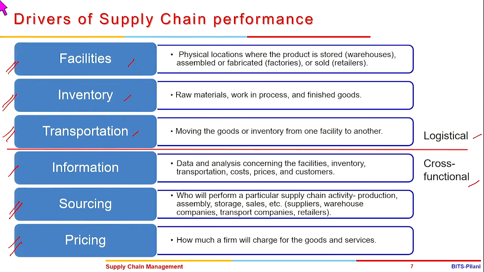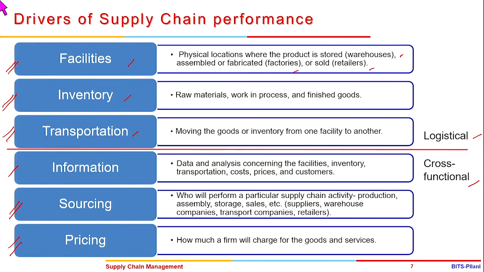Let us briefly look at each of these supply chain drivers, and later we will have separate modules on each of them. Facility is about the physical locations of the facilities, which could be warehouses, factories, or retailers. Here, goods are physically stored, transformed, or sold.